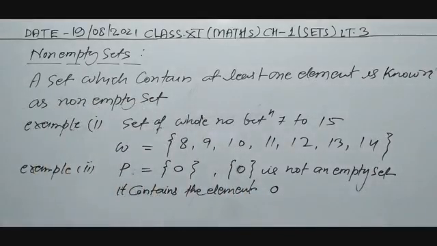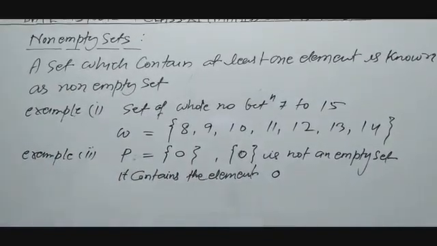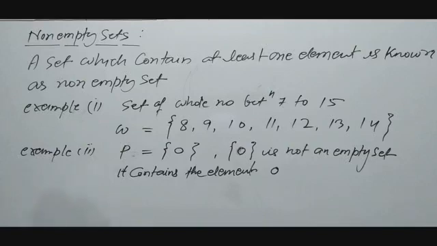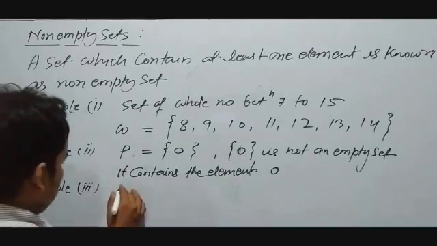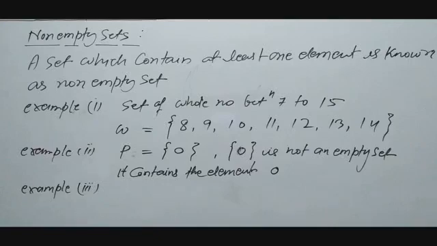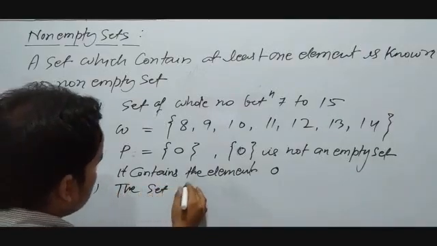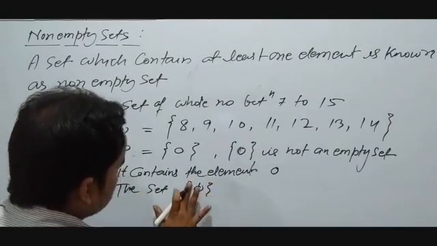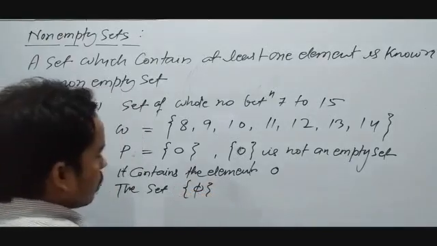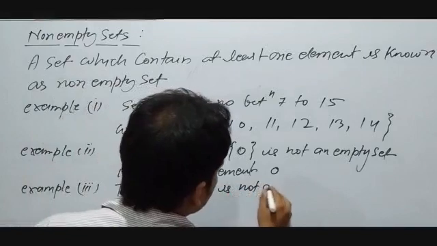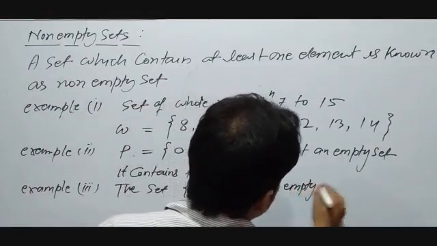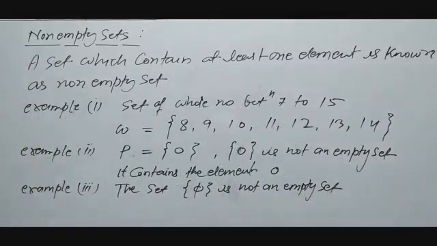Similarly, come to the third example. Suppose you have a set of the form {phi}, the set phi in curly brackets. It is not an empty set.